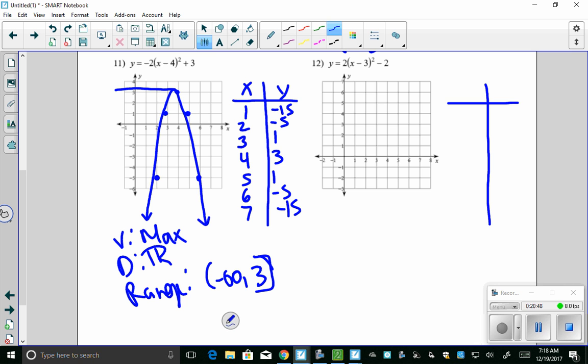Same thing for 12. The vertex is the opposite of this and whatever number this is. So I'm going to do above and below and plug them in. I got 16, 6, and 0.